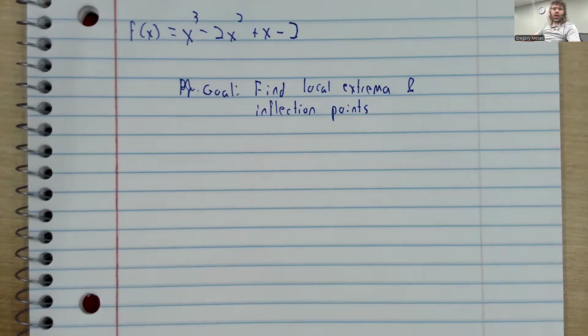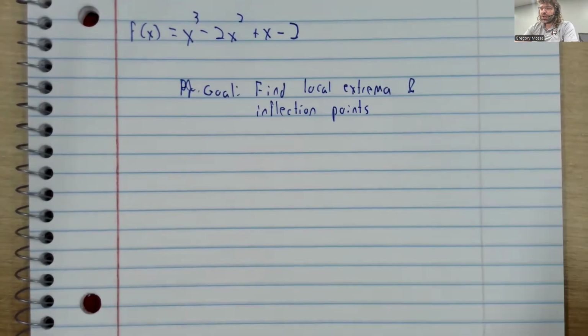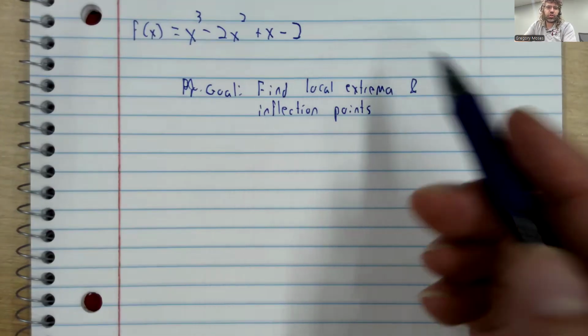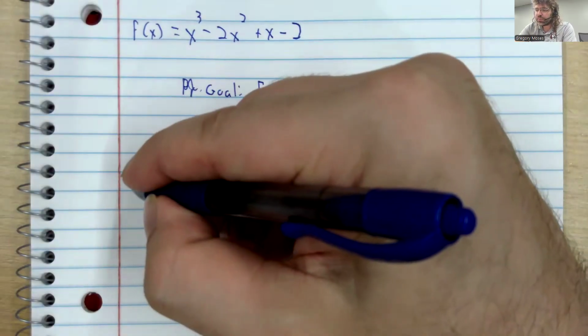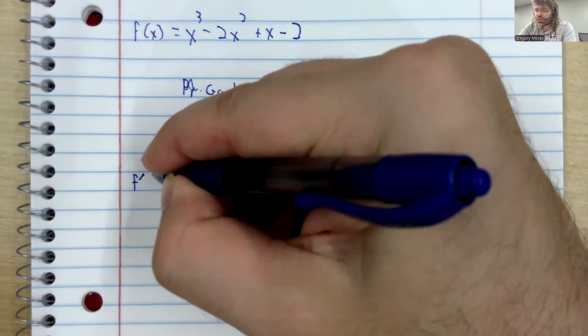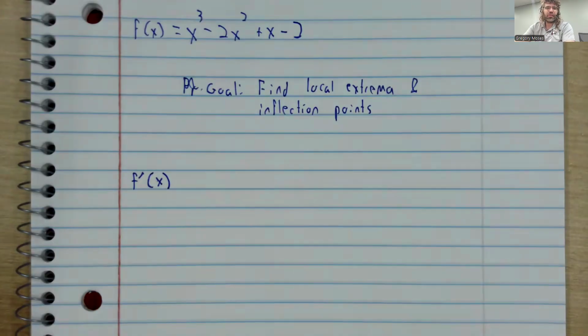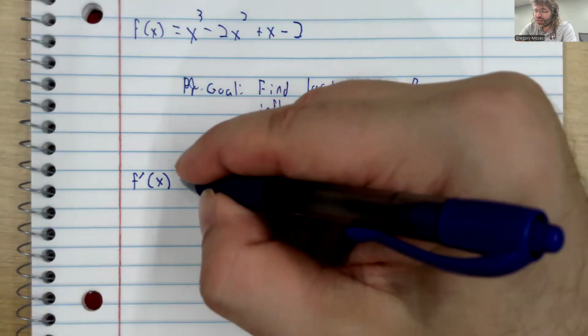Well, let's start with the local extrema. We have to take the first derivative before we take the second derivative.